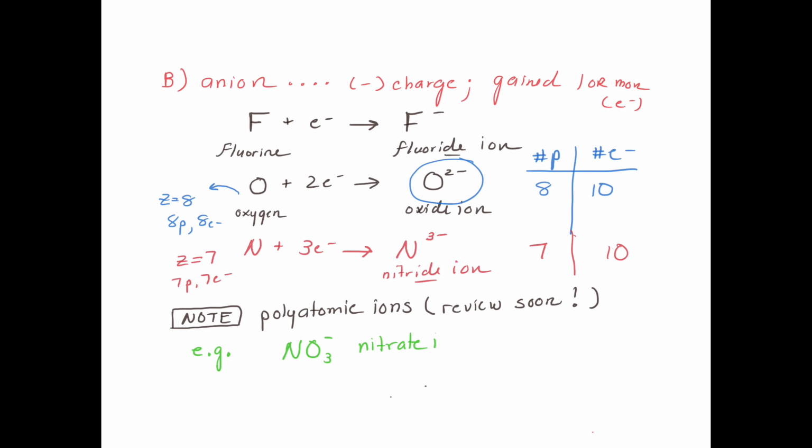For example, the nitrate ion is NO3, and that group of atoms carries a -1 charge. The carbonate ion, CO3 2-. And there are some polyatomic cations, such as the ammonium cation, NH4, which carries a +1 charge. So I'm just giving you a heads up that at some point in the future, you're going to have to remember the structure, charge, and names of your polyatomic ions.